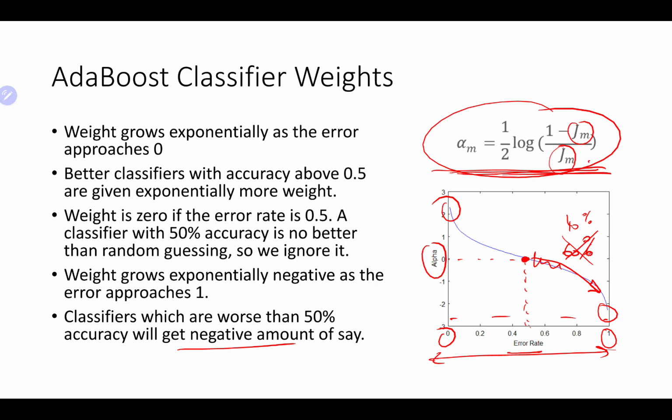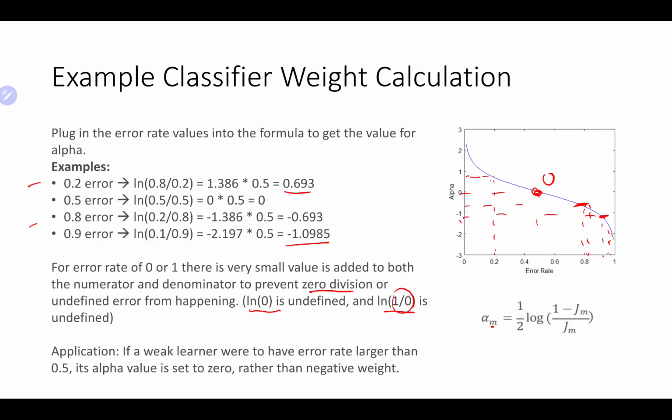So some small values are added in both. And again, if there's a case where the decision tree had larger than 0.5 error, the alpha value is set to 0 rather than a negative weight. Okay, so this was just to clarify this alpha value.